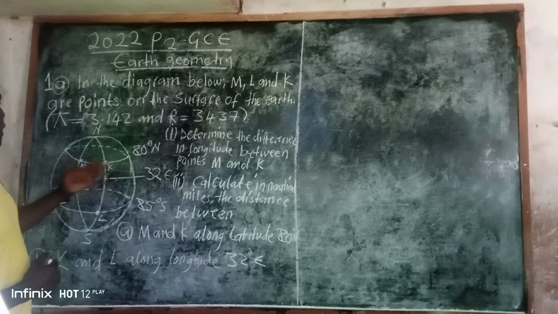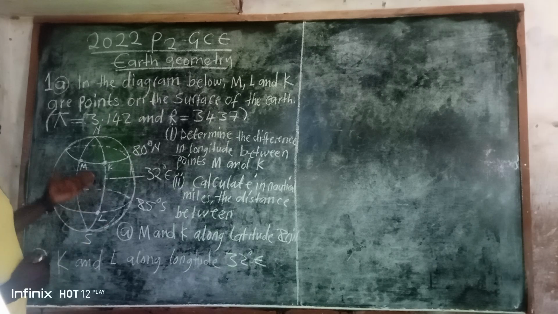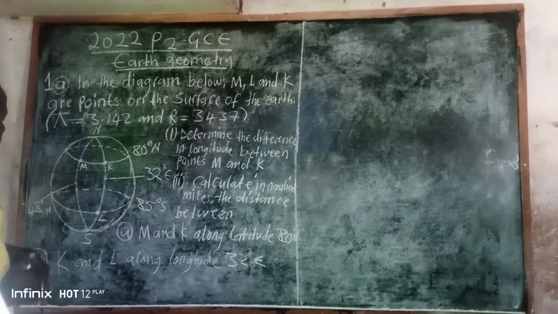If the points lie on the same side, we always subtract the degrees that we are given. If the points lie on either side, it means we have to add the given degrees.